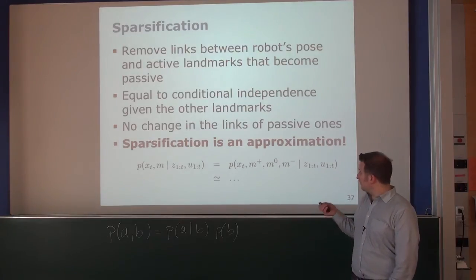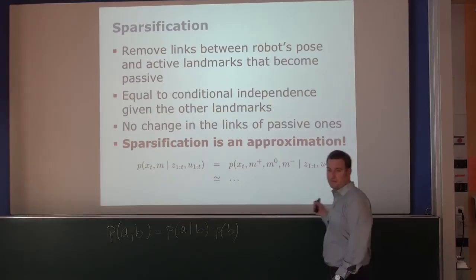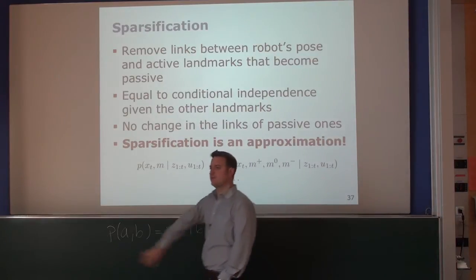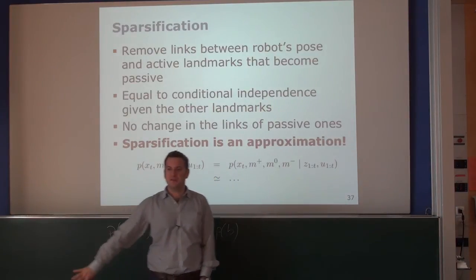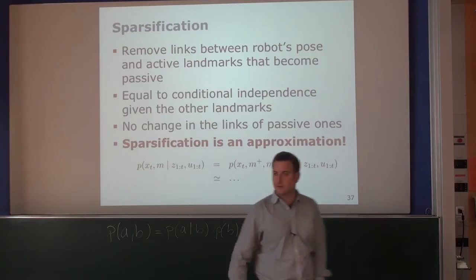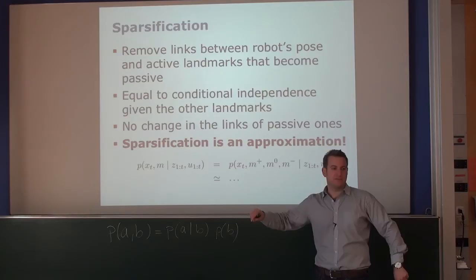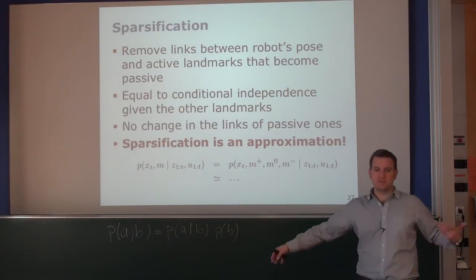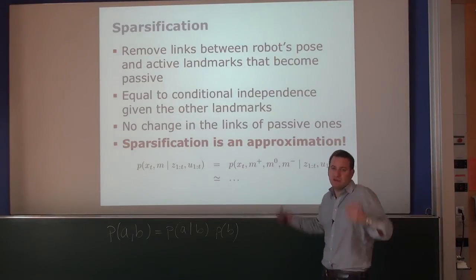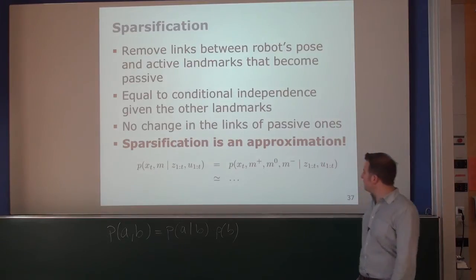And it is important to note that this operation does not change the links of the passive landmarks. So all landmarks which are passive stay passive. I don't add any new links to the passive landmarks. Otherwise, my matrix would become dense again, but that's nothing which happens.